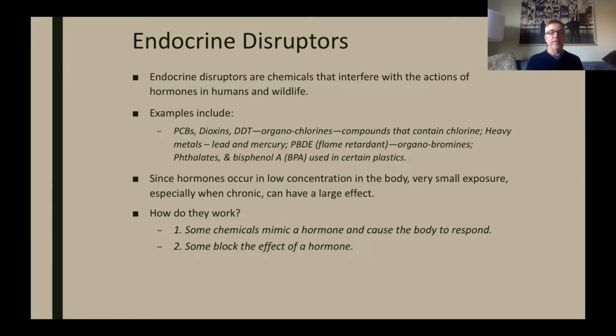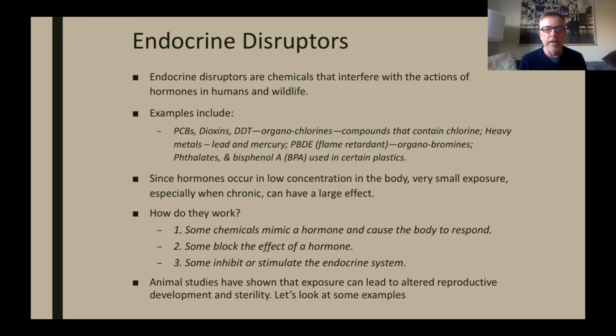Some block the effect of the hormone, so the body is producing a hormone and the body's not responding because the hormone is being blocked from doing its job. And some inhibit or stimulate the endocrine system, so make the endocrine system put out more hormone or put out less hormone. As I said, if you can imagine a way that a chemical might affect the endocrine system, it's probably occurred. Animal studies have shown that exposure can lead to altered reproductive development and sterility.